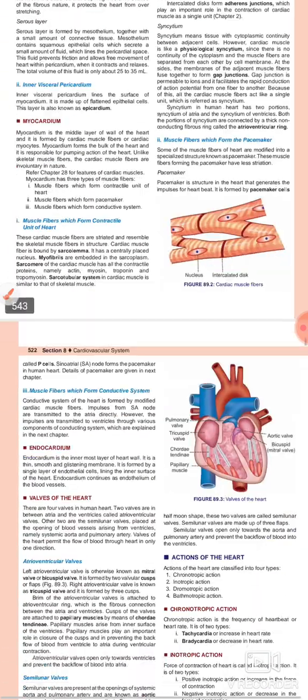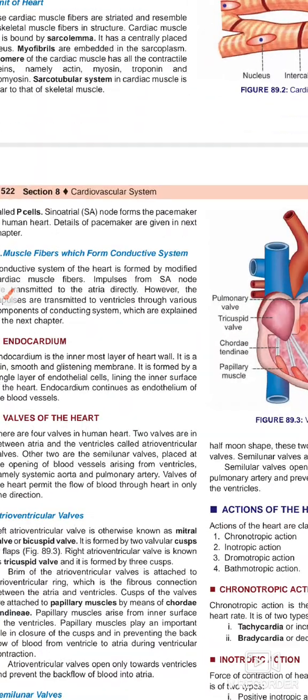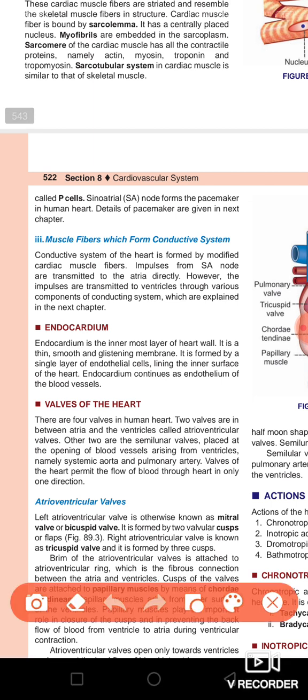But now we are going to discuss the third layer of the heart, which is the endocardium. The endocardium is the innermost layer of your heart, made up of thin and smooth muscles, and it is formed by cells called endothelial cells. It also contains blood vessels.